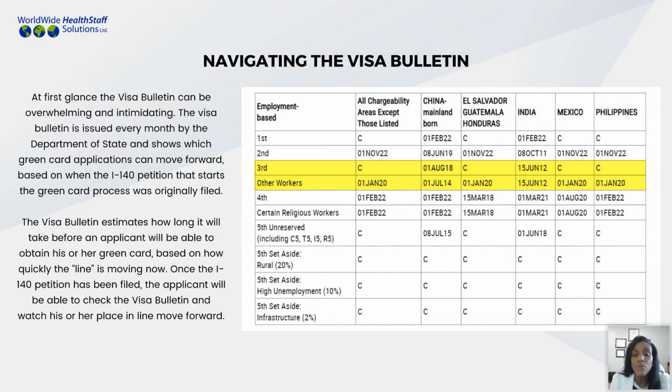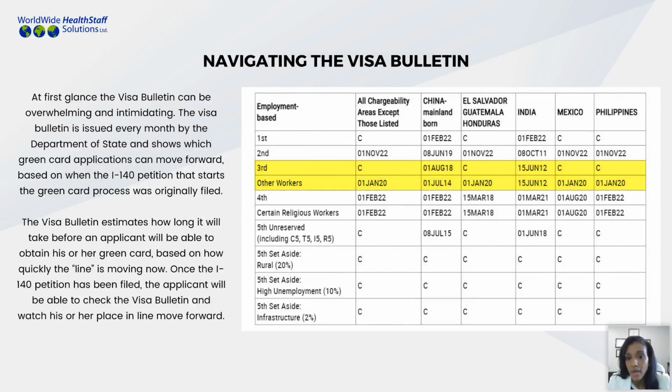The good news is that this Visa Bulletin gets updated every month. So even though right now we are at 2020 for the nurse aide category, that could change next month, and you could be further along in the date. It could move up a couple of months. Say for instance the Visa Bulletin comes out and this category could now be all the way up to August.